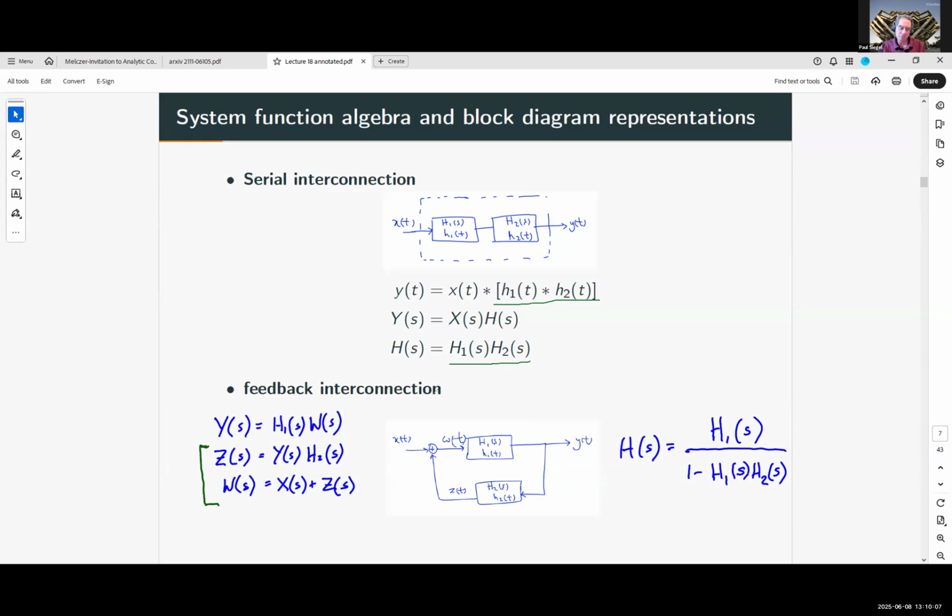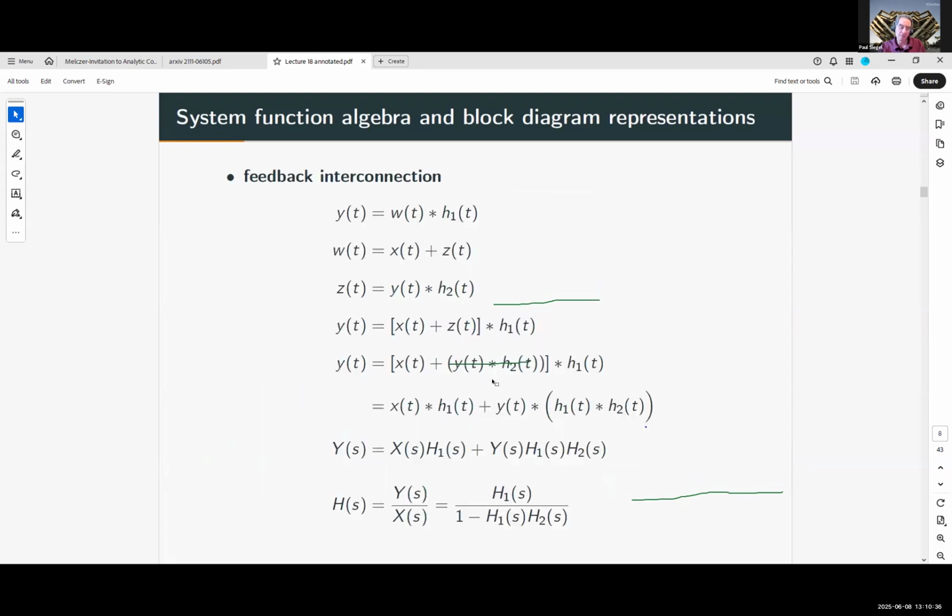And then for the feedback interconnection, where H1 of S is the feed forward and H2 of S is the feedback component, the derivation is actually on the next slide, but what you end up with for the overall transfer function is H1 of S divided by 1 minus the product of H1 of S and H2 of S, and the derivation is given here.